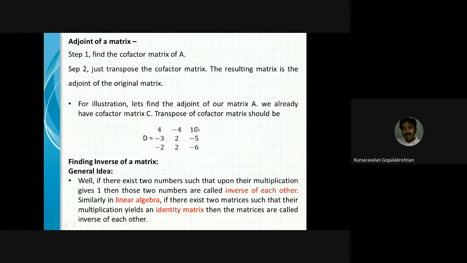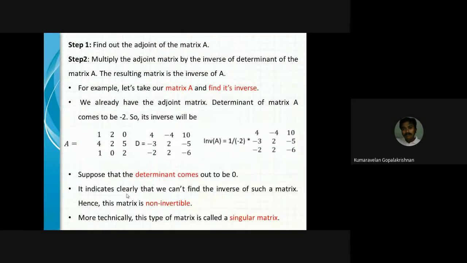Once the adjoint matrix is calculated for any given matrix, it is very easy to determine the inverse of the matrix. What is the idea behind calculating the inverse? If the adjoint matrix is given, you just multiply it by the inverse of the determinant of that matrix, and you will find the inverse. I will give some examples so that it will be very easy for you.